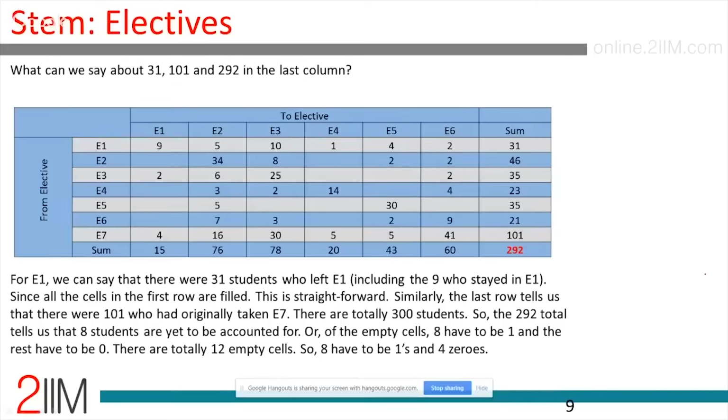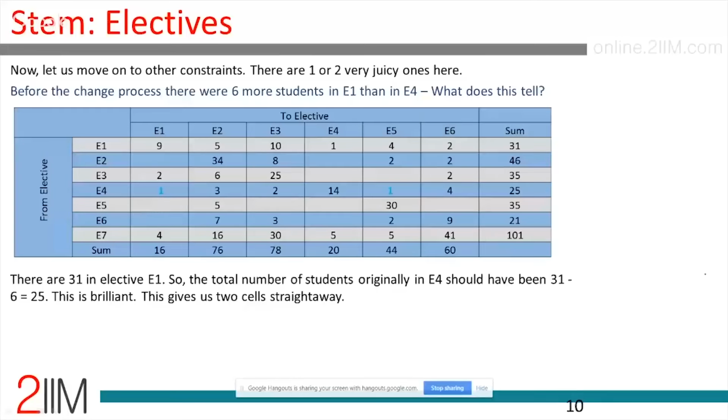But this 46, 35, 23, we're not sure about. It could be 46 or 47 or 48, depending on how we account for them. E1 we know originally and E2 we know finally, so let's look for constraints that have E1 originally or E2 finally in them.